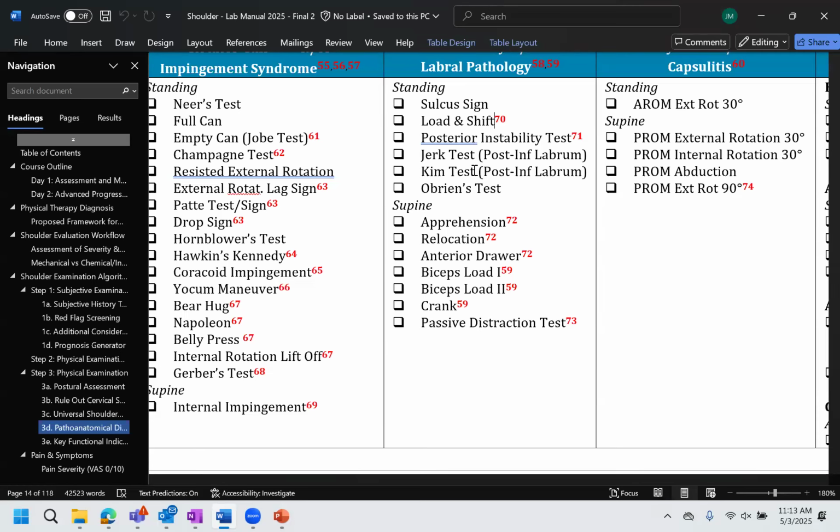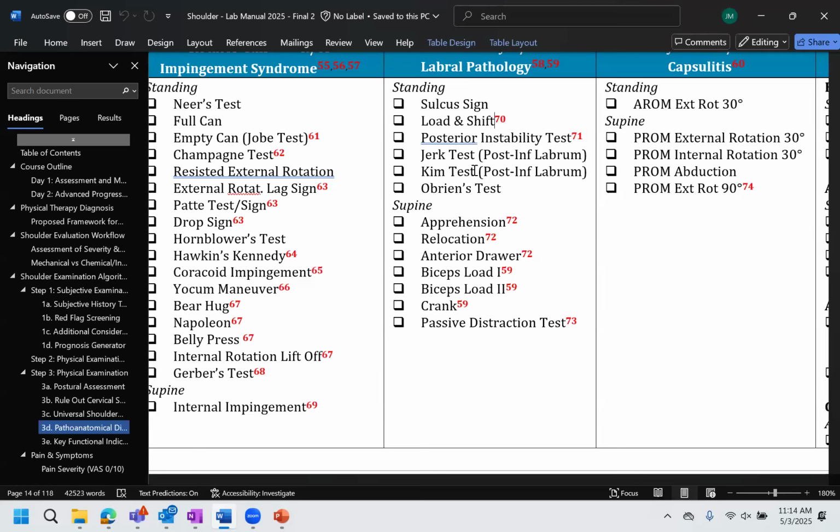So for better or worse, you're trying to implicate and reproduce the symptoms. You get this with your passive testing, but if you're going to do it as an active test, I'm actually going to drop her a little bit into the plane of the table rather than playing with the scapula, because that's going to have a greater propensity to pinch on the articular surface.